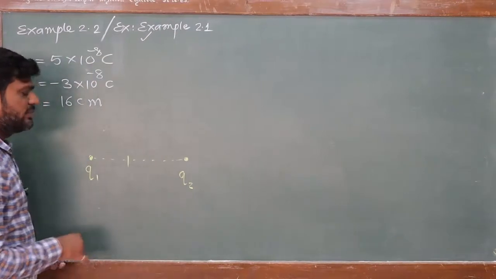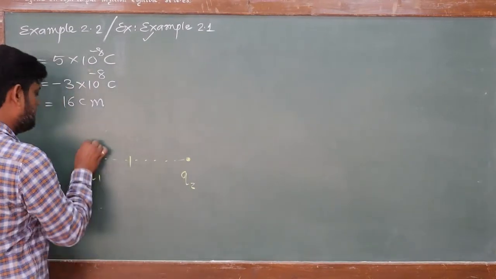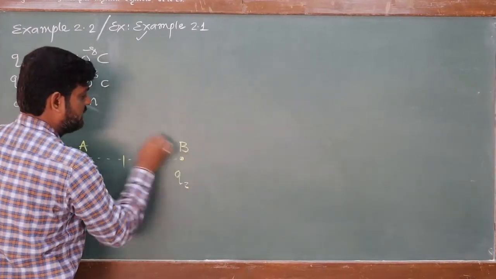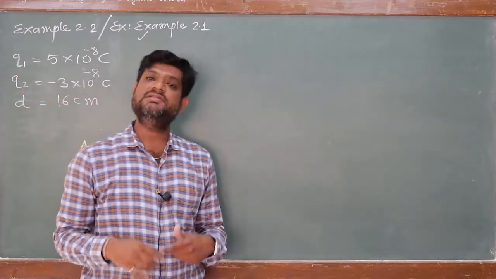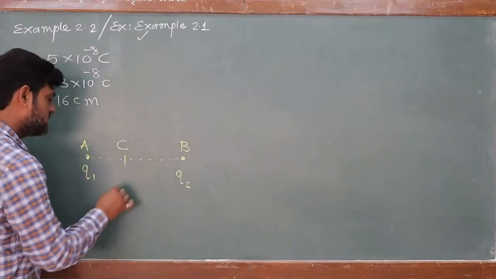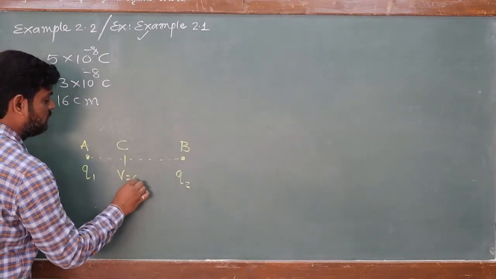Suppose this is point A, this is point B, and we consider a point C where the potential is 0.